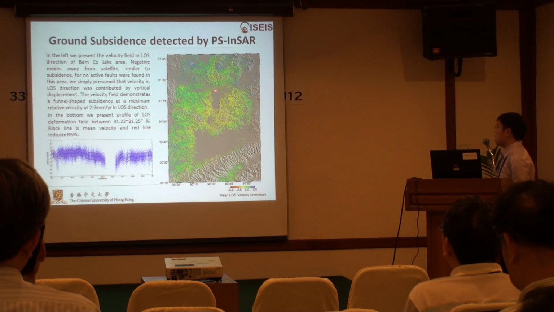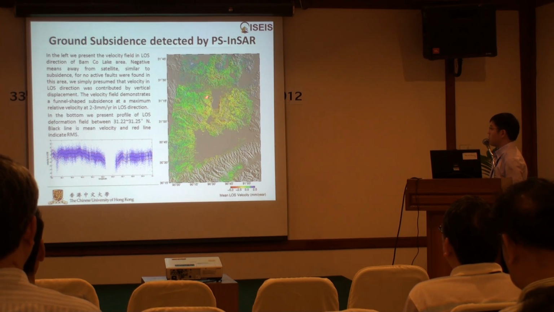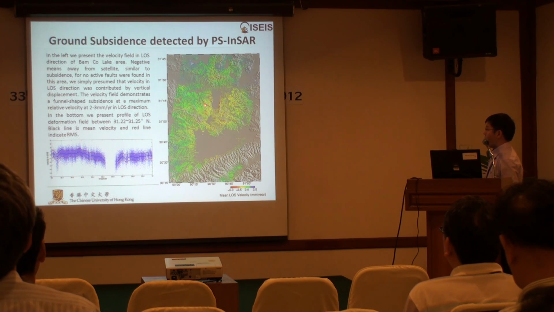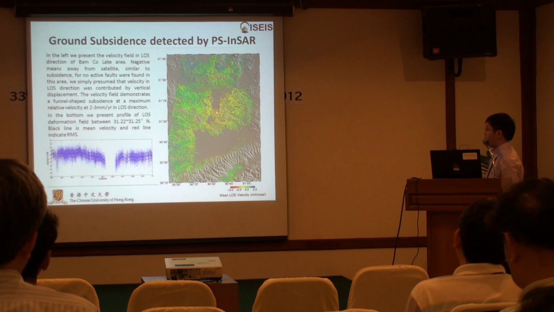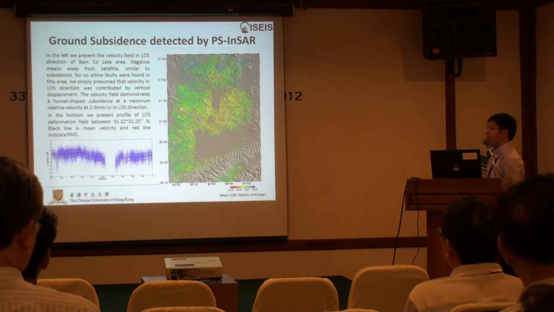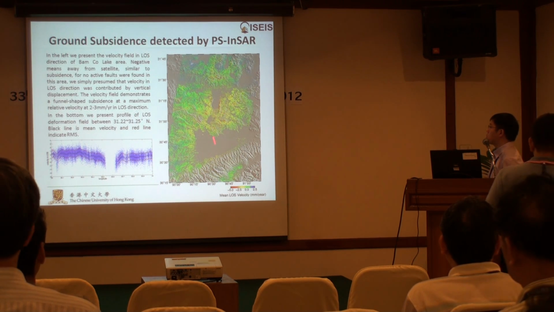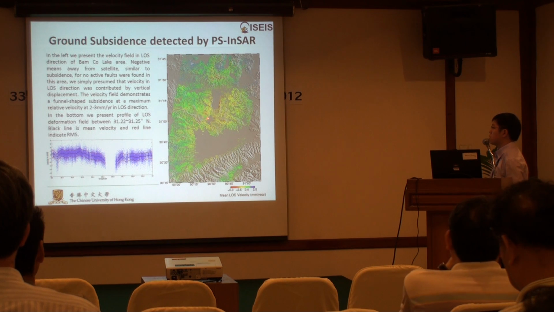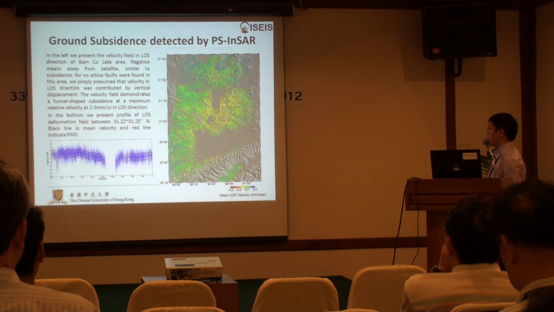We could see a bowl-shaped subsidence around the Bamso area. This may be introduced by mass loading causing the elastic deformation of the crust. We could see around the lake its maximum LOS velocity is about 2 to 3 millimeters per year.